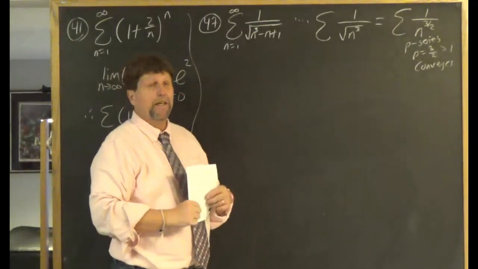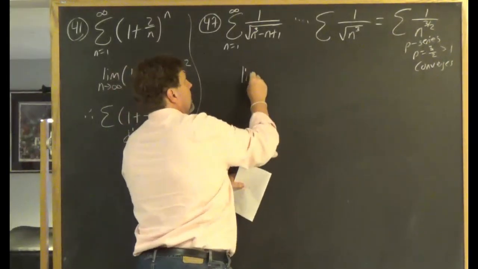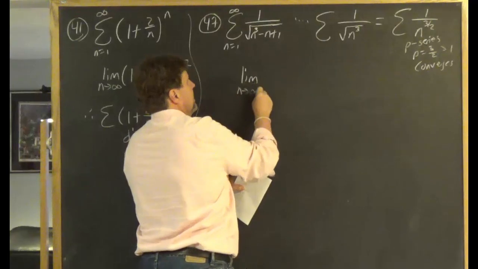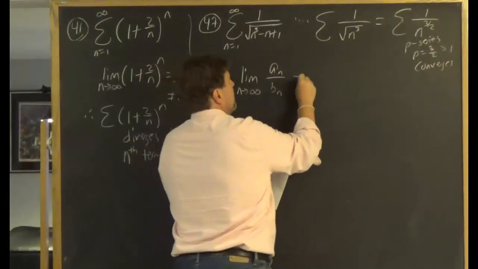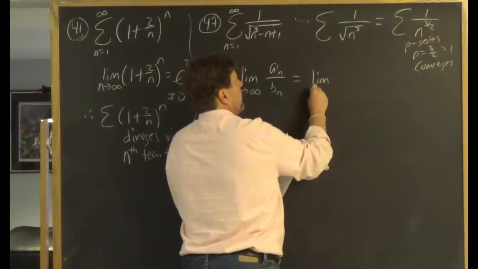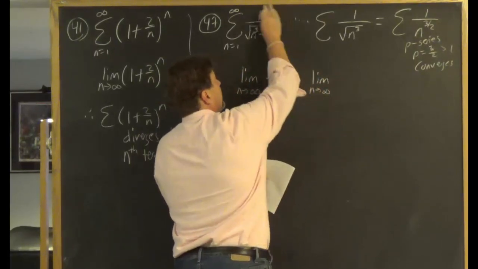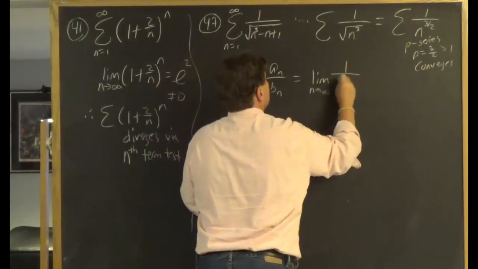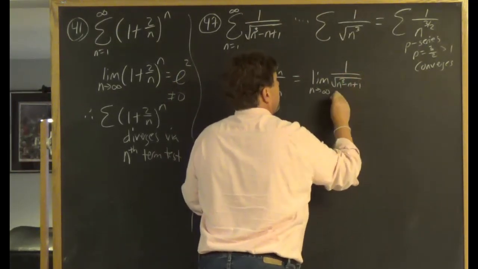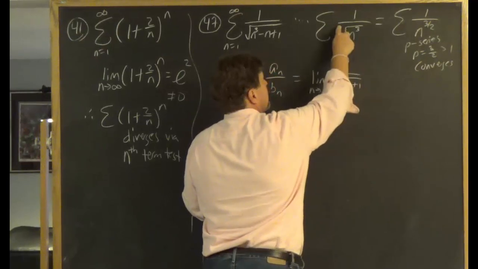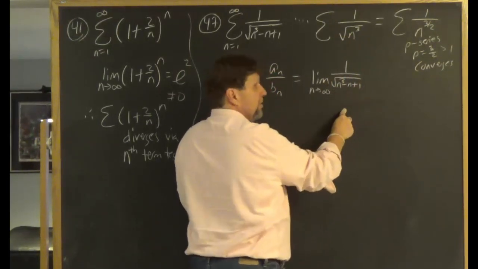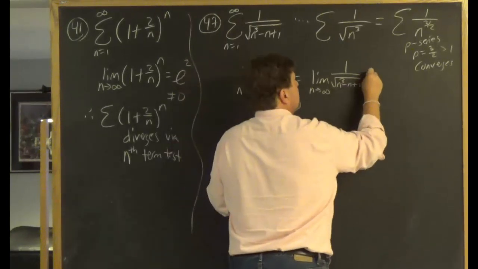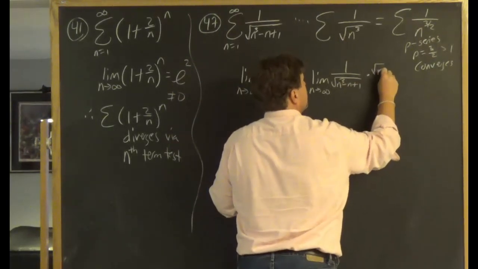Kind of some messy looking algebra. So limit comparison test. Limit as n goes to infinity of a sub n over b sub n. That's the limit as n goes to infinity of a sub n and then over b sub n. So instead of writing divided by 1 over the square root of n cubed, I'm going to write it as multiplying by the reciprocal.